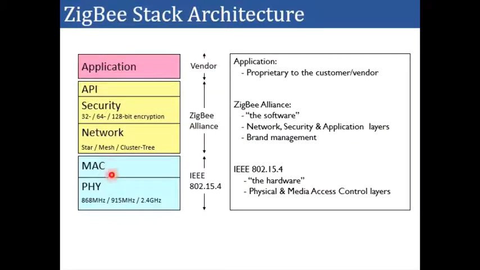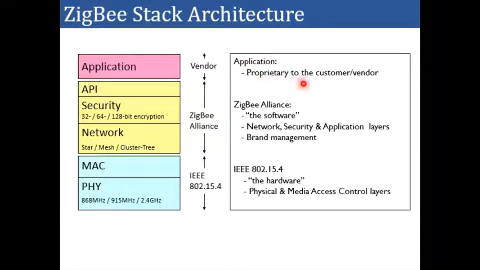So in short, if you see the structure, the base two layers, that is the MAC layer and physical layer, are part of IEEE 802.15.4. Network, security and APS, that is the application support sublayer, will be the part of the Zigbee Alliance, and then the application which you build on top of the Zigbee stack is vendor specific.